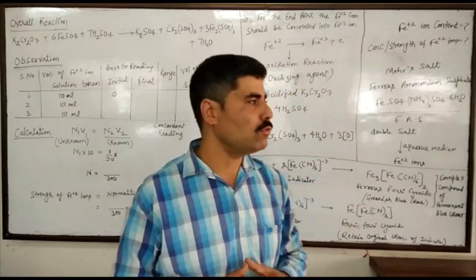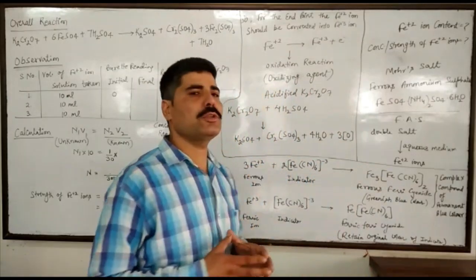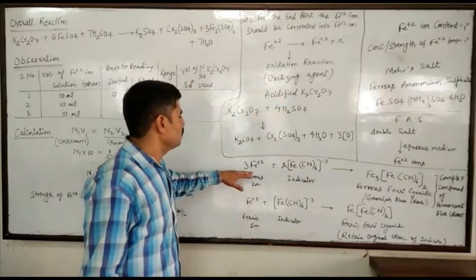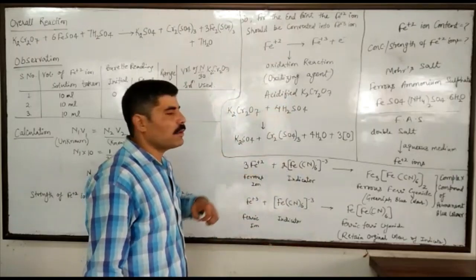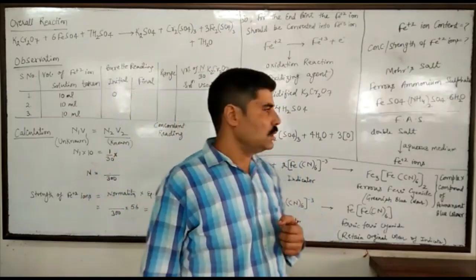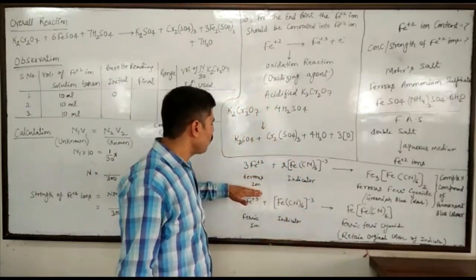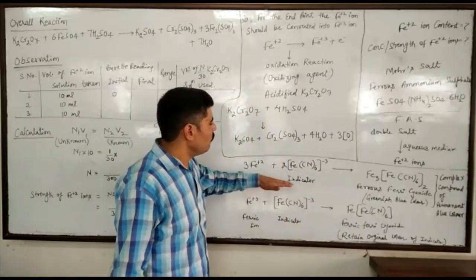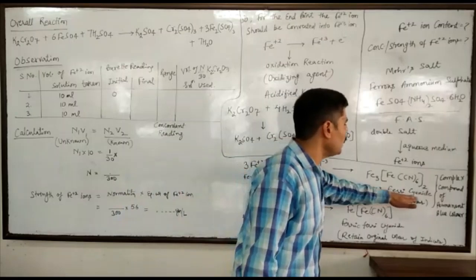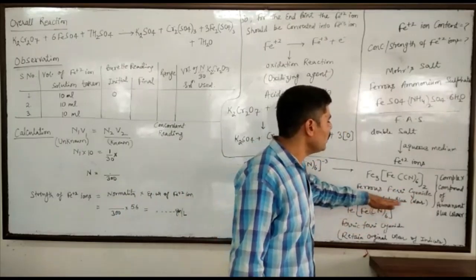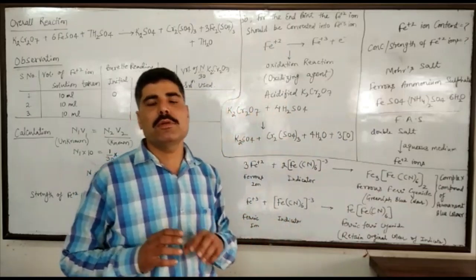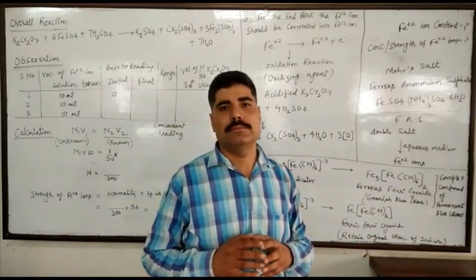Okay, now we move to the principle or the theory part of the experiment. See, we have to determine the strength of the Fe+2 ions. So Fe+2 ions, that is called ferrous ion, when reacting with the indicator, form a compound named ferrous ferricyanide, which is a greenish blue color compound, basically a complex compound of permanent blue color.